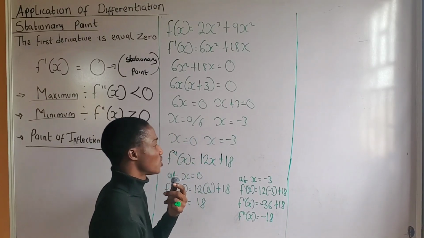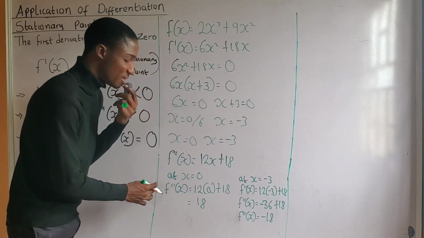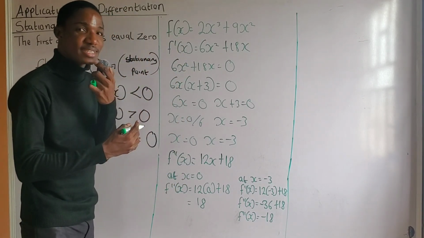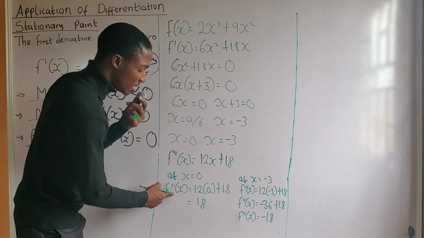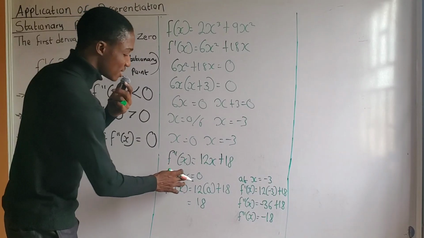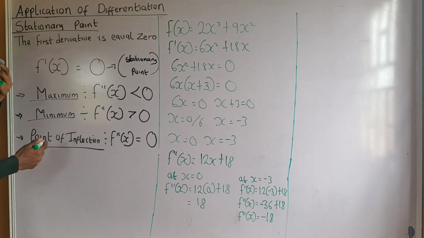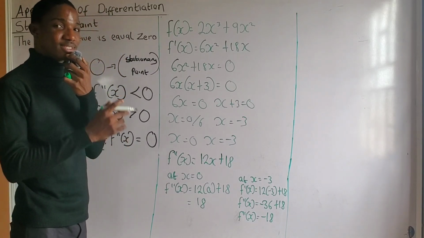So now at x equals 0, the second derivative of f of x is greater than 0. Because at x equals 0, the second derivative is 18. So that means that at x equals 0, the stationary point is a minimum. Because the value of the second derivative is greater than 0.